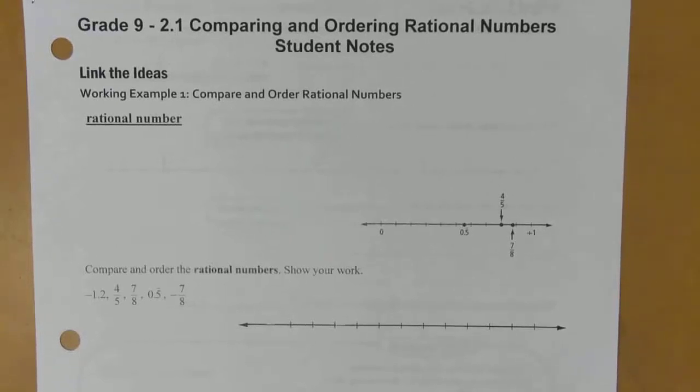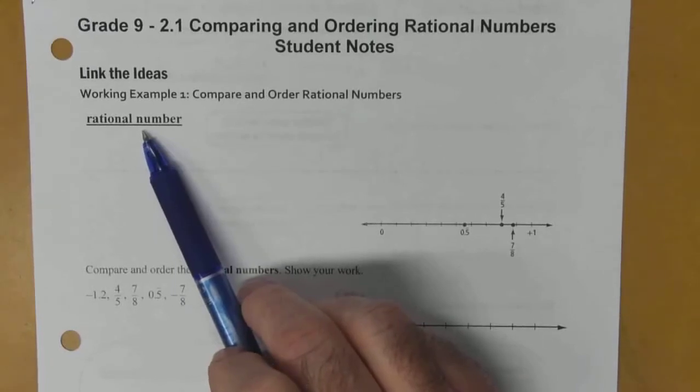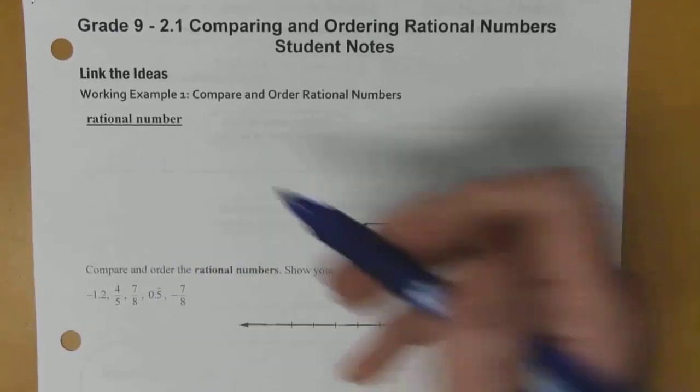So, grade 9s, we're starting off with chapter 2 this year. And 2.1 is comparing and ordering rational numbers. So, rational number, that's a definition that we need to deal with first.